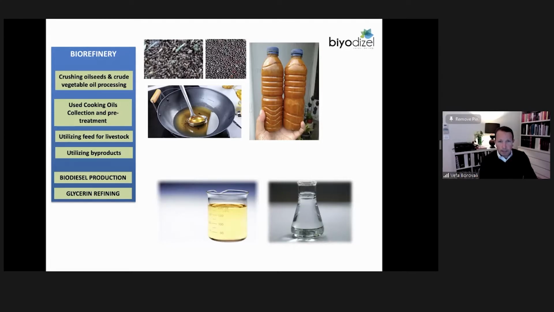So this industry is using some resources, but at the same time providing many resources for other industries. And finally, in our case, we were producing biodiesel until now, and we are refining the glycerol at the end. And we end up with two clear products which meet all the quality standards.